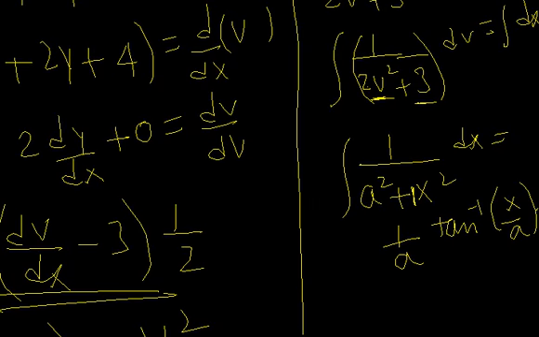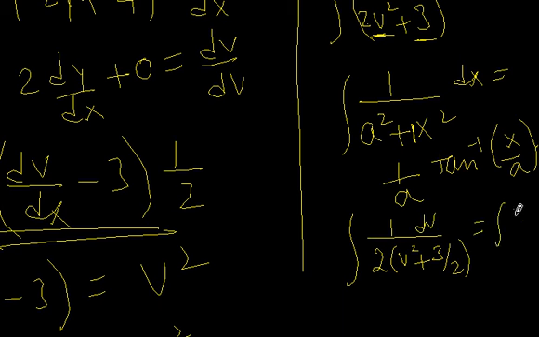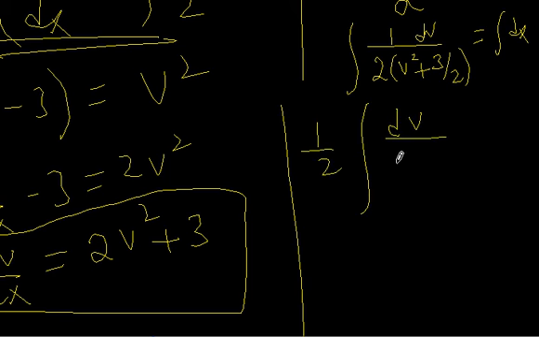So what I do is take 2 as common in this term and this term. So I am having the integral of 1 upon 2 times v square plus 3 over 2 dv, which is equal to the integral of dx. Now half of dv over v square plus 3 over 2.